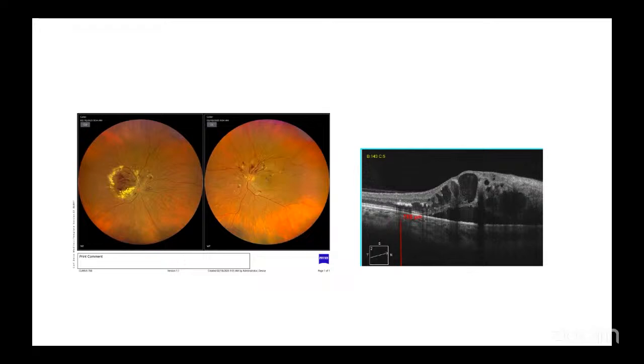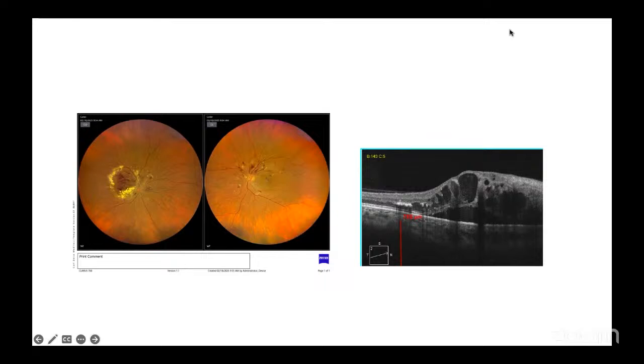I should send him for fluorescein angiography and OCT. I will check his renal function first before fluorescein angiography. Then after the investigations appear, I will work according to his investigations.